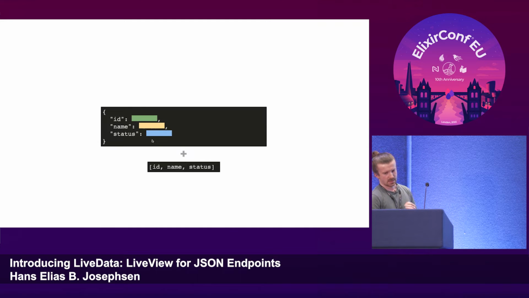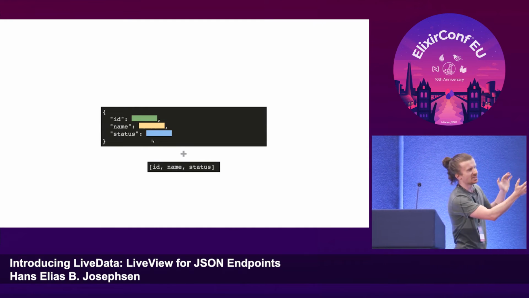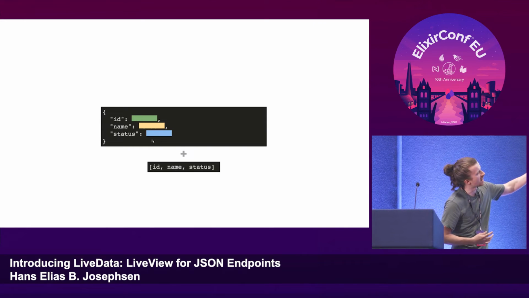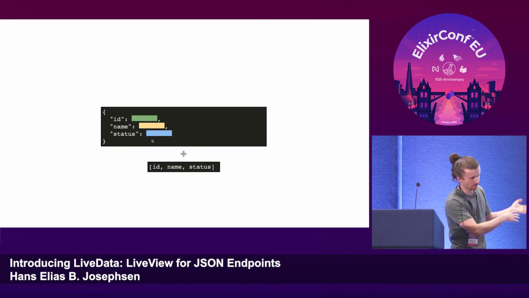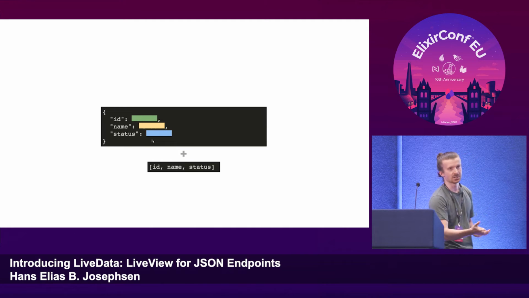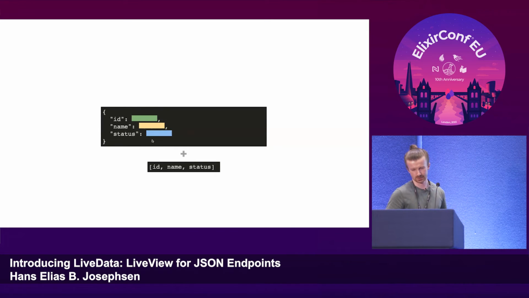And for this case, because this list doesn't change order and everything has a fixed position in this list, what we can do is look at, okay, has the ID changed since last time? No, it hasn't. We don't send it. Has the name changed? No, we don't send it. Has the status changed? Oh, yes, it has. That means we need to send the new one. We need to update it.